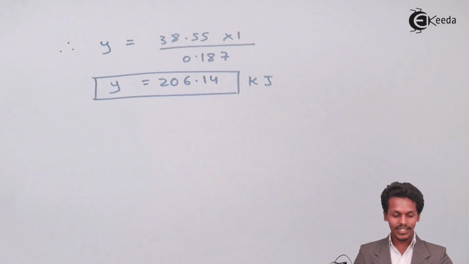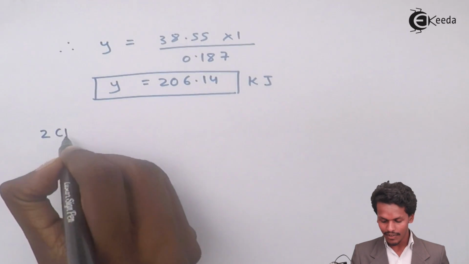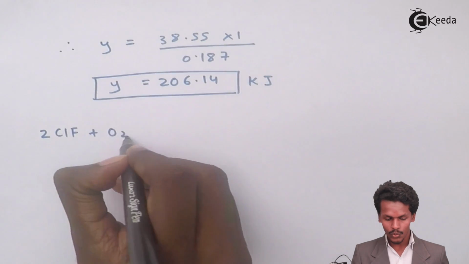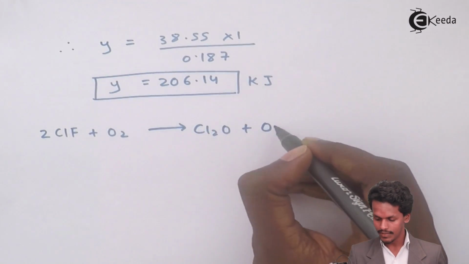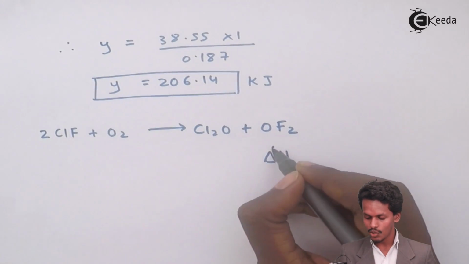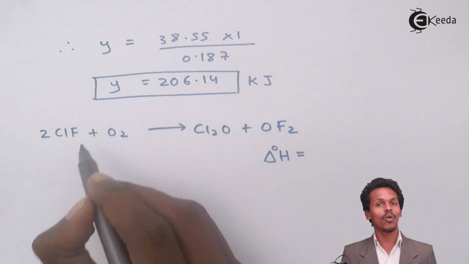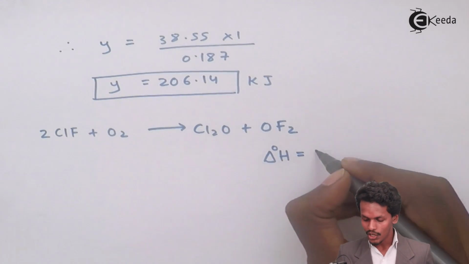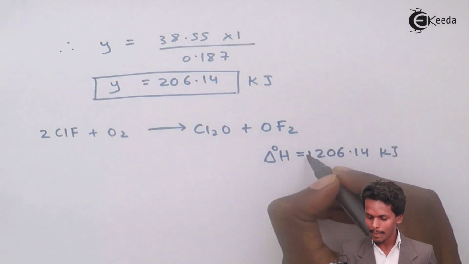206.14. So the overall reaction is 2 ClF plus O2 giving Cl2O, with OF2 as a byproduct, and the delta H naught, the heat of the reaction that we have got for 1 mole of oxygen, is 206.14 kilojoule, and this would be positive.